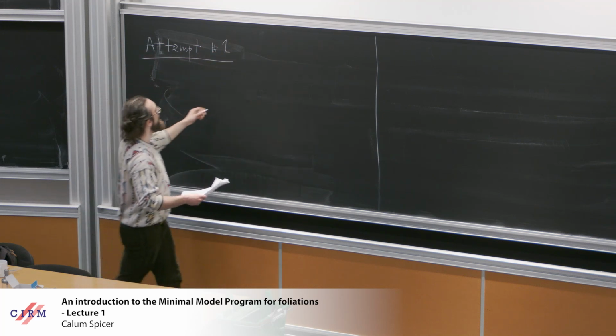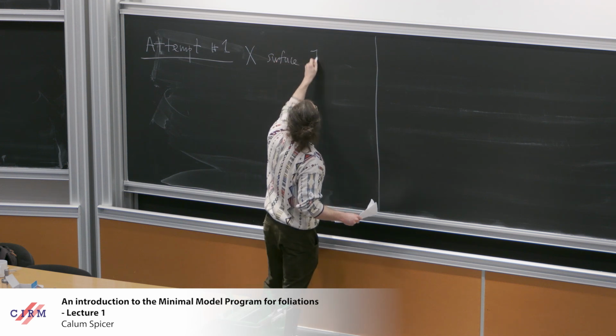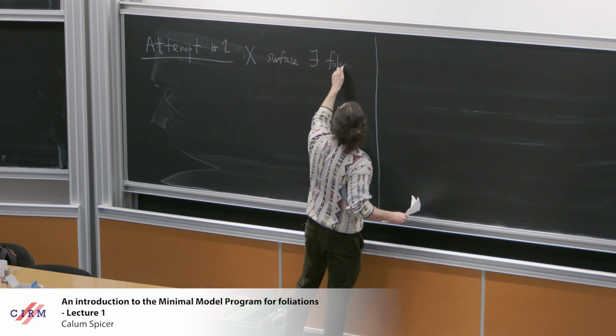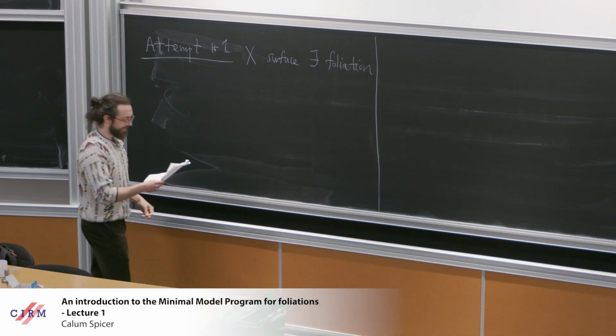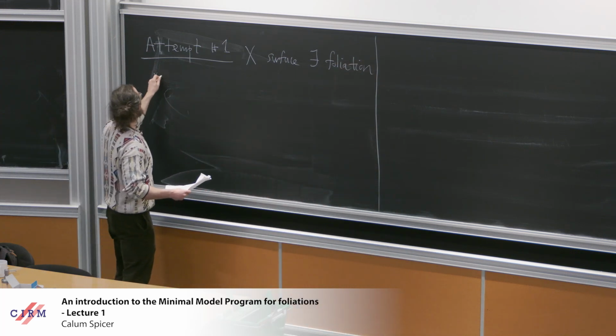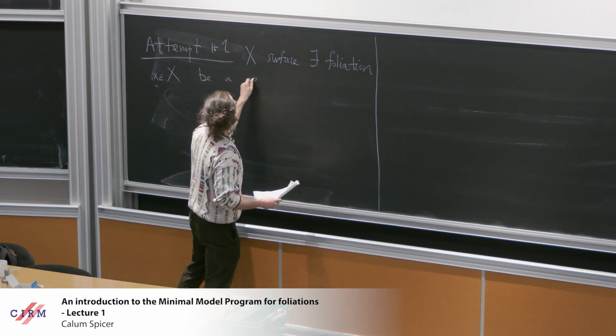So let's say X is a surface, F is a foliation, and let x inside X be a general point.